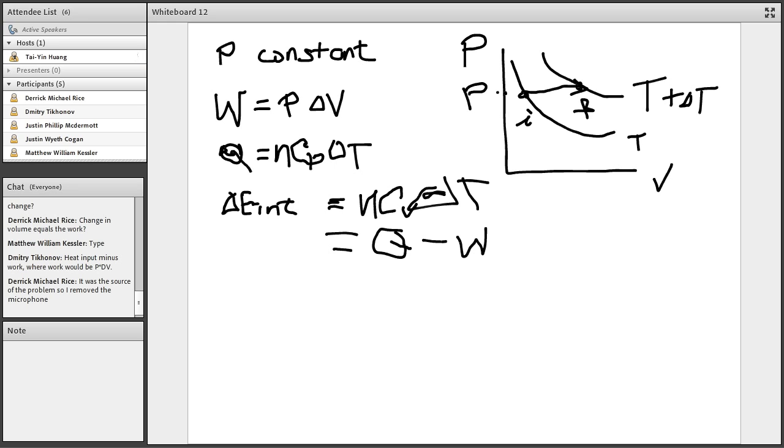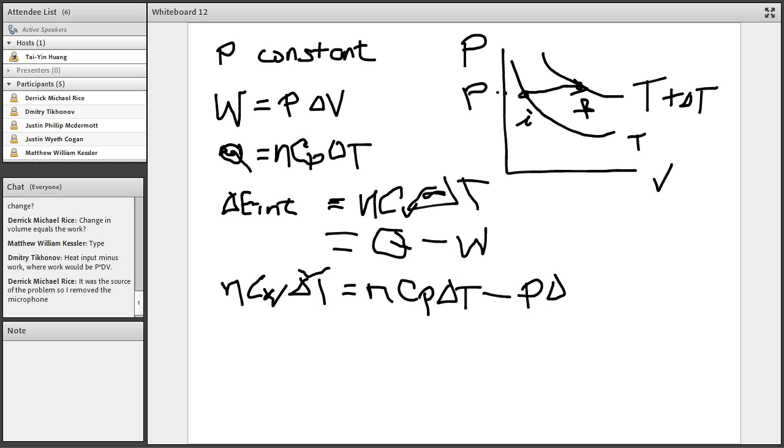So you have your nCv delta T equal to your Q. Your Q is nCp delta T, and then minus W. W is your P delta V. So you can see that on the left hand side we have nCv delta T, on the right hand side we have nCp delta T minus P delta V. So if we can express your delta V in terms of delta T, then they all have the common delta T, and then you can remove delta T in the equations. So let's see if we can do that.